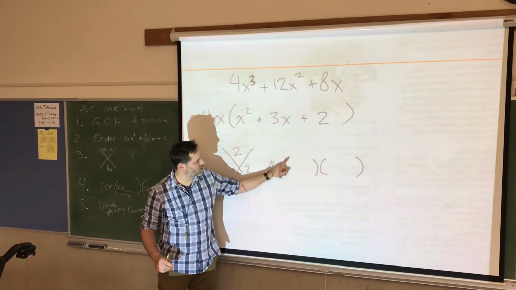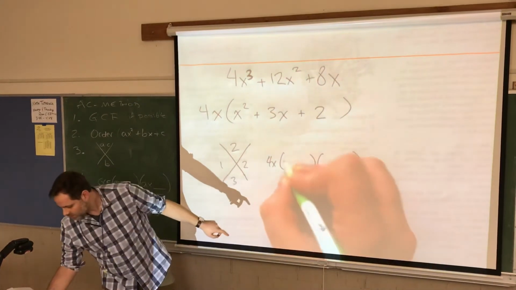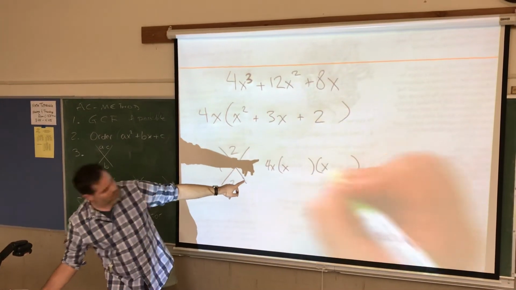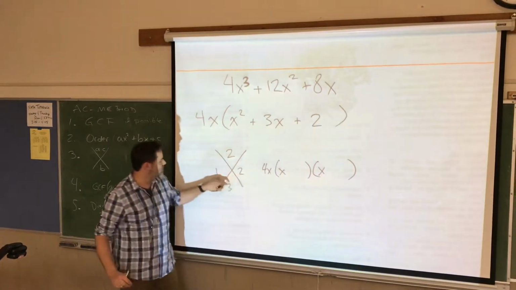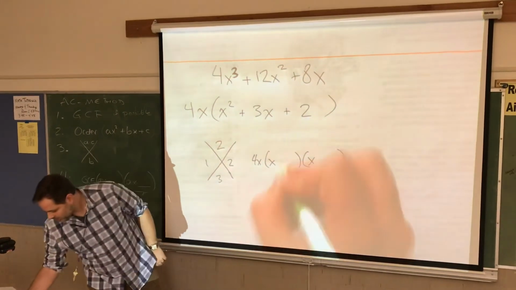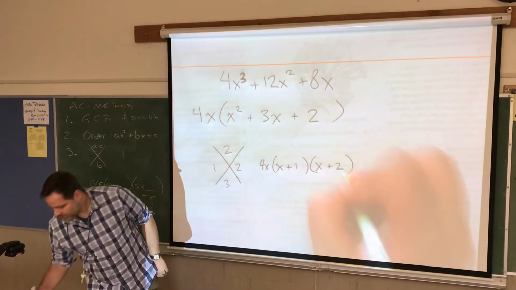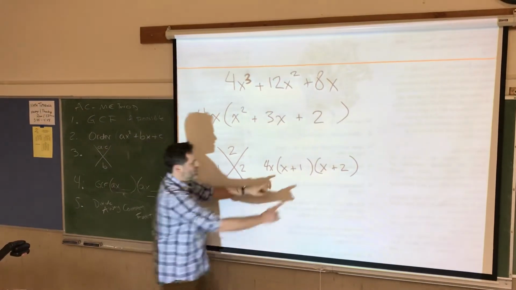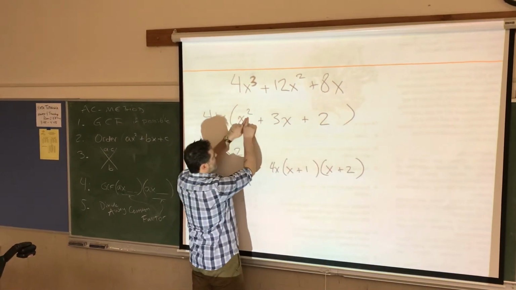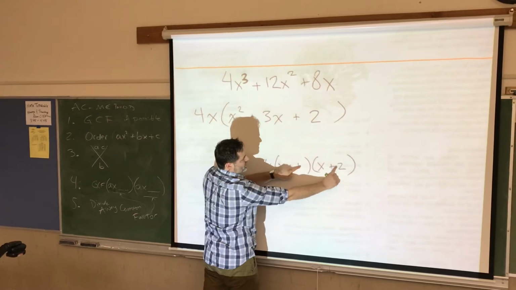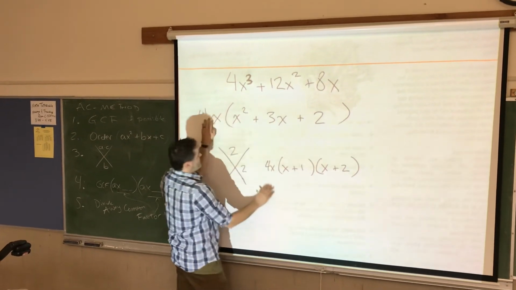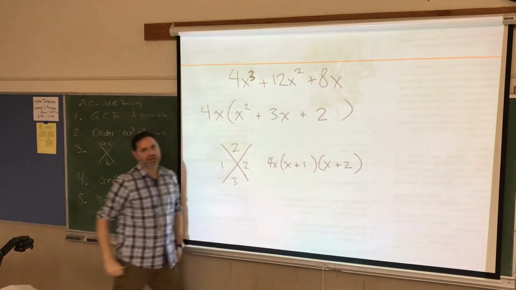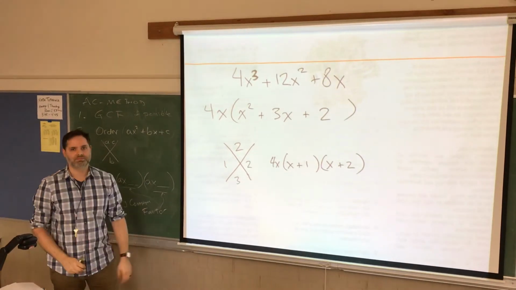Ax. So that's 1x. My 2 numbers, 1 and 2, get put here. Let's check. X times x, x squared. 1 times 2, 2. GCF, there it is. Now it's factored. AC method, all done.